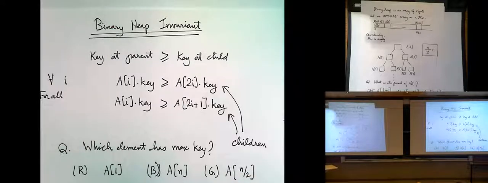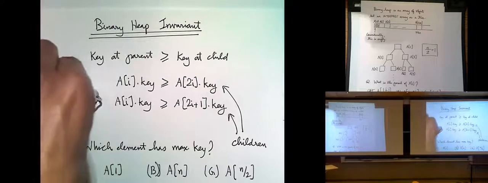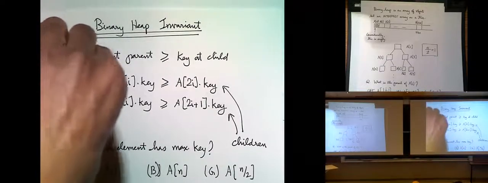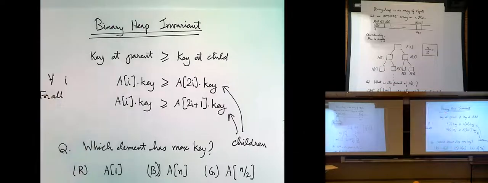Which element has the maximum key, assuming that this invariant holds? Okay, what's the answer? Hopefully this is clear.